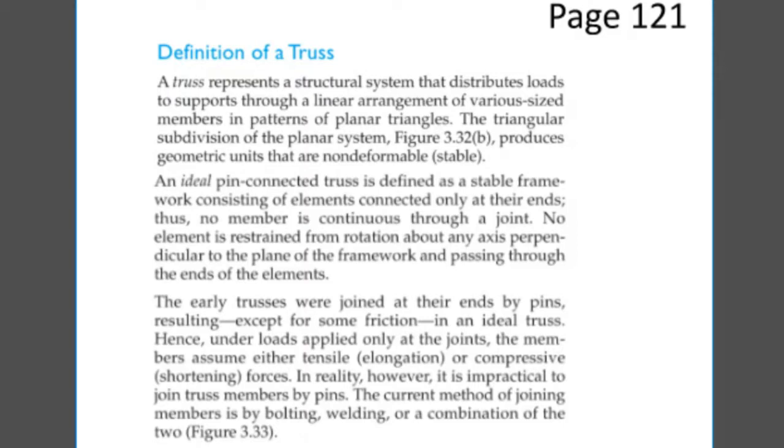The early trusses were joined at their ends by pins, resulting, except for some friction, in an ideal truss. Hence, under loads applied only at the joints, the member assumes either tensile or elongation, or compressive or shortening forces.